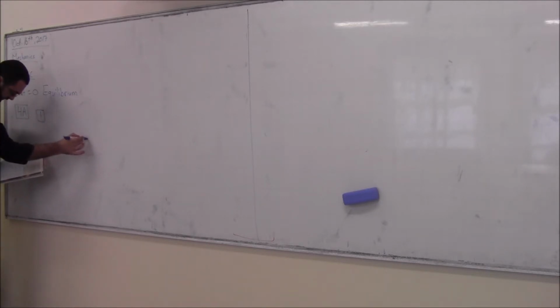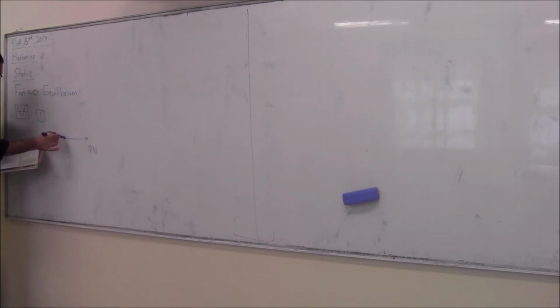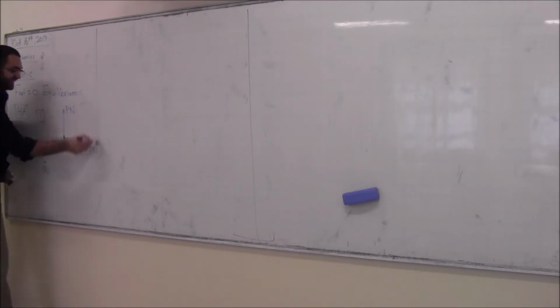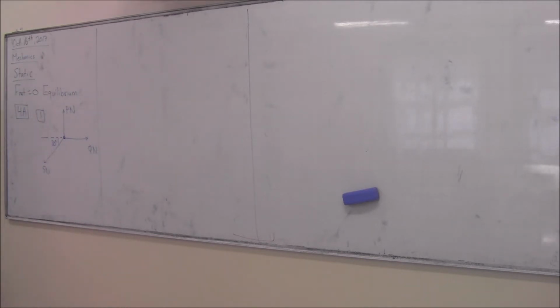We have 3 forces: Q newtons, P newtons, and here 5 newtons. This angle is what? How many forces here do we have? 3 forces.